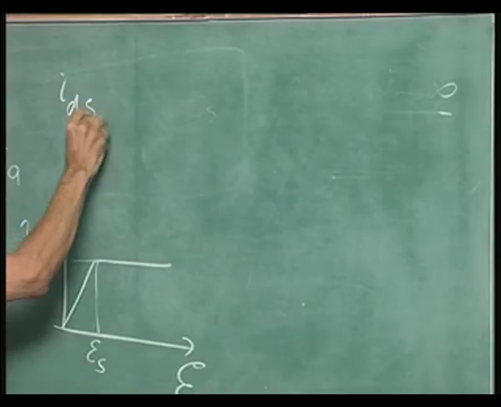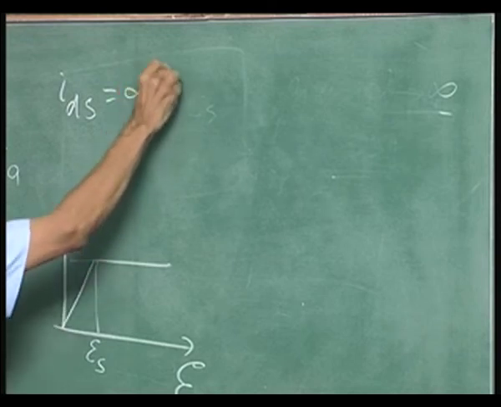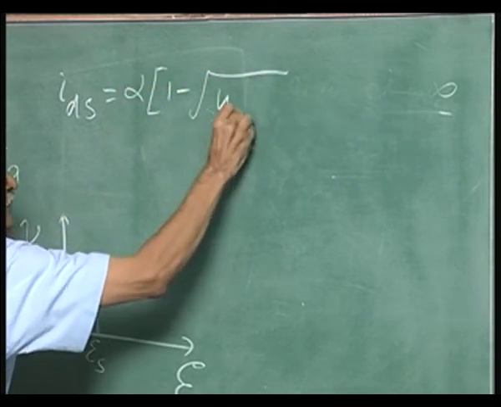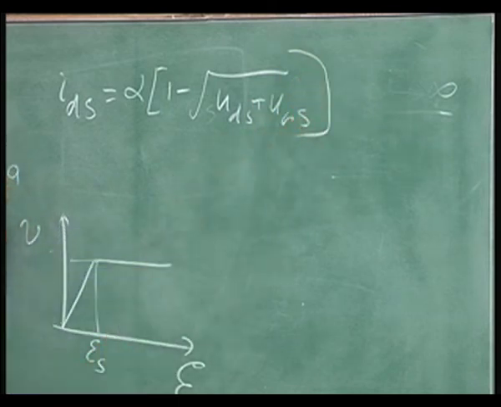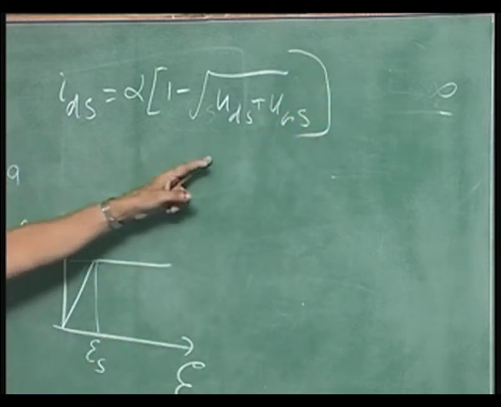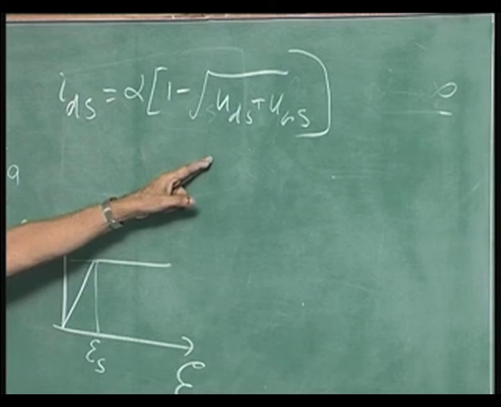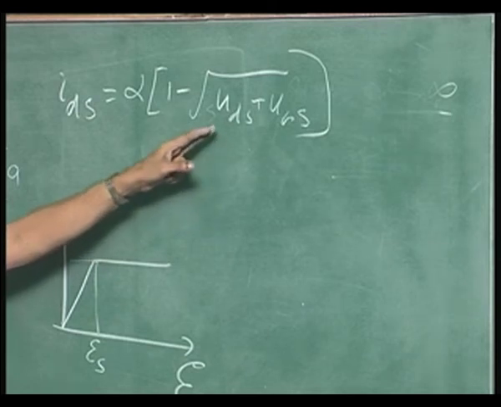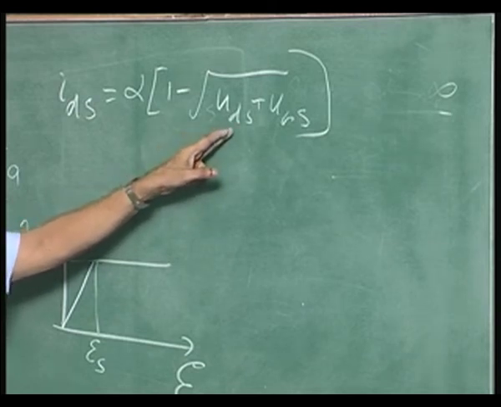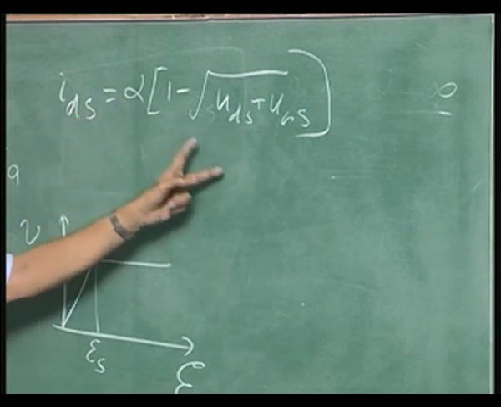So, you get IDS equals alpha into 1 minus root of UDS plus UGS. I got an expression for UDS from here, which is alpha into 1 minus UGS divided by 1 plus alpha, plus or minus UGS. So, I removed this quantity in terms of UGS. That means I get IDS versus UGS.